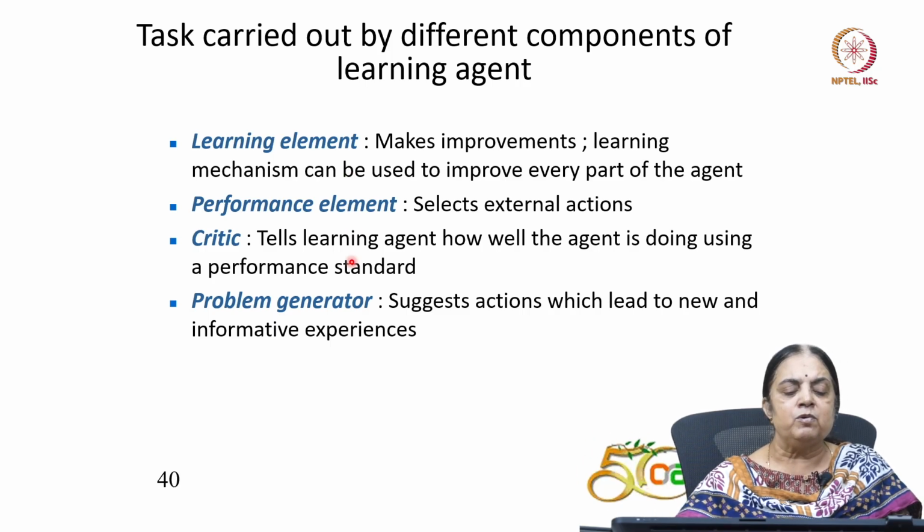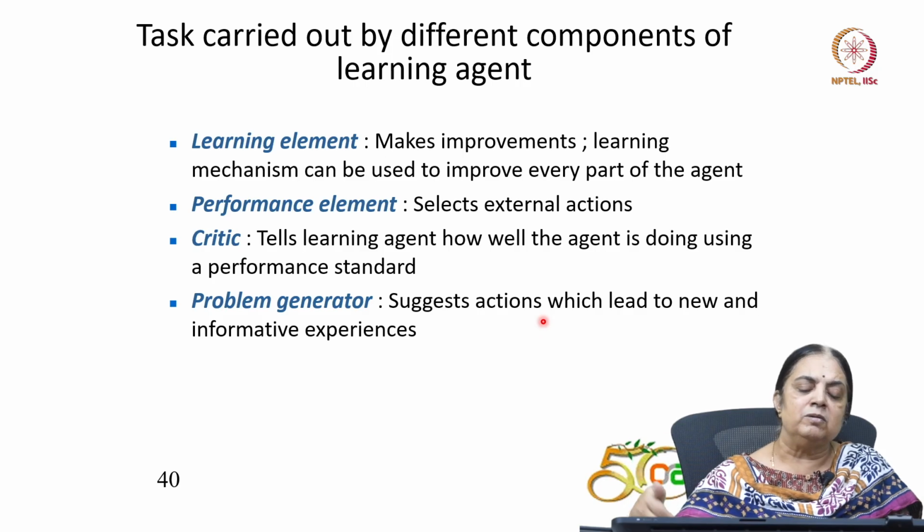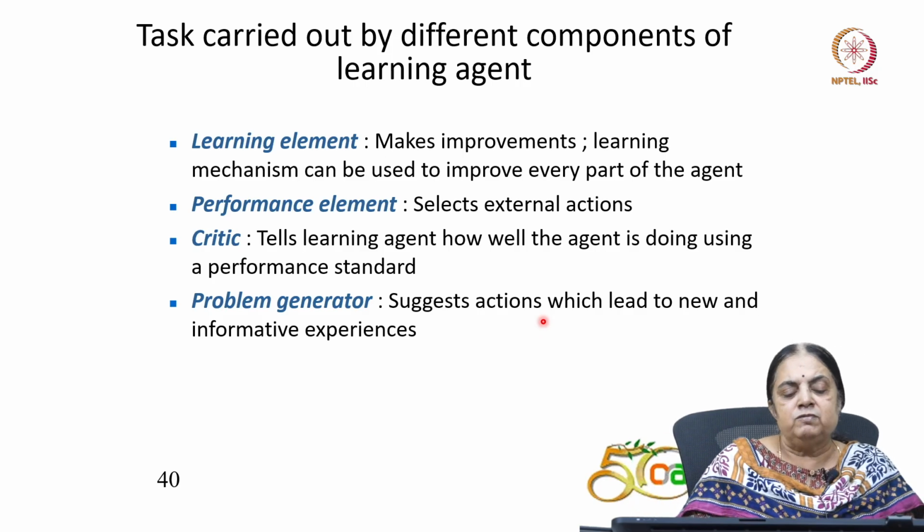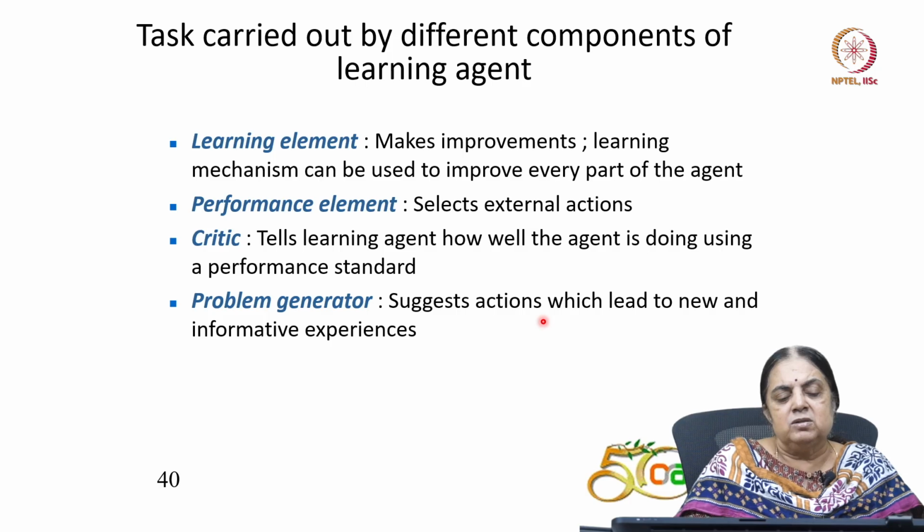And when you say the problem generator suggests actions which lead to new and informative experiences, it keeps trying out new, novel ways of solving the problem. So all these things use the general things like learning, etc., which we talk about.